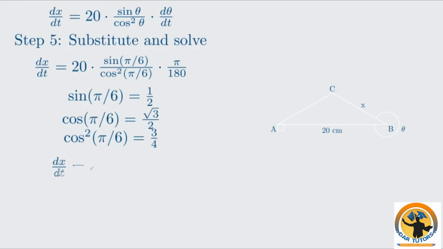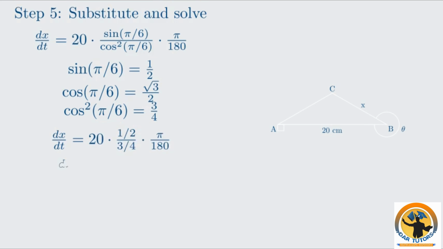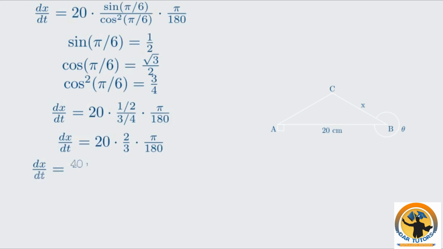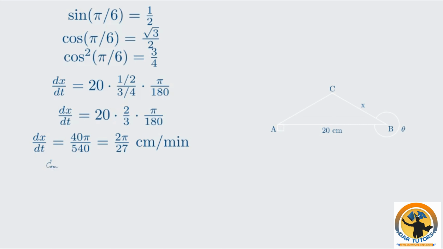Plugging these in, we get 20 times 1/2 over 3/4 times pi over 180. This simplifies to 20 times 2/3 times pi over 180, which is 40 pi over 540, or 2 pi over 27 centimeters per minute. This is approximately 0.233 centimeters per minute. So, the side BC is increasing at a rate of approximately 0.233 centimeters per minute.